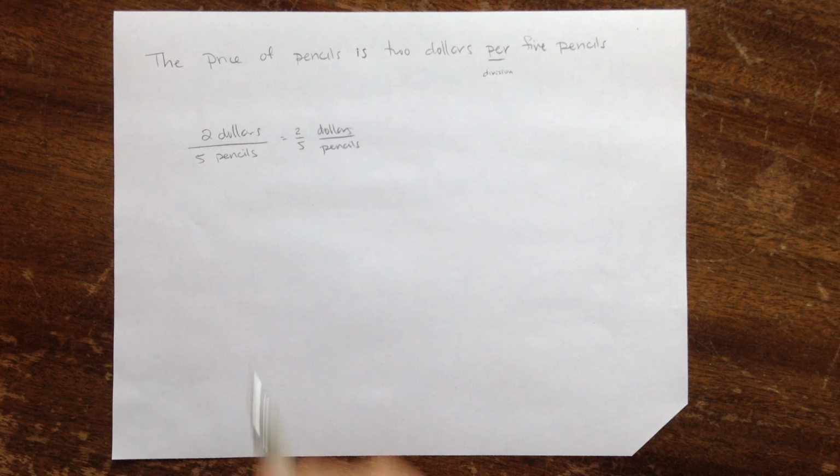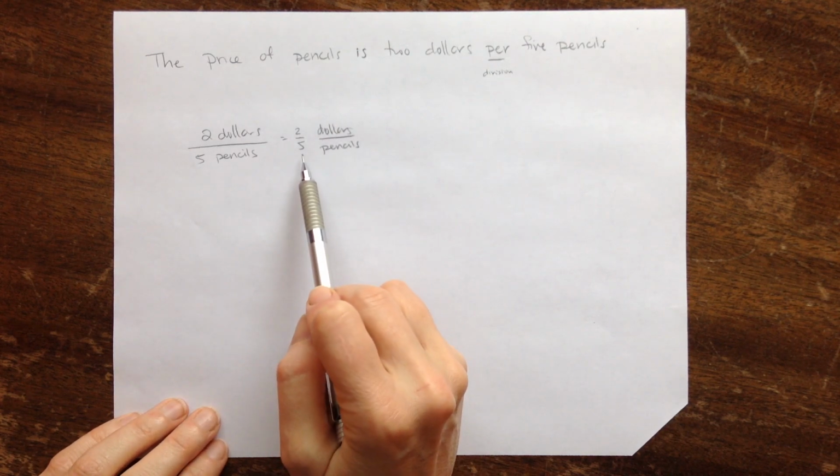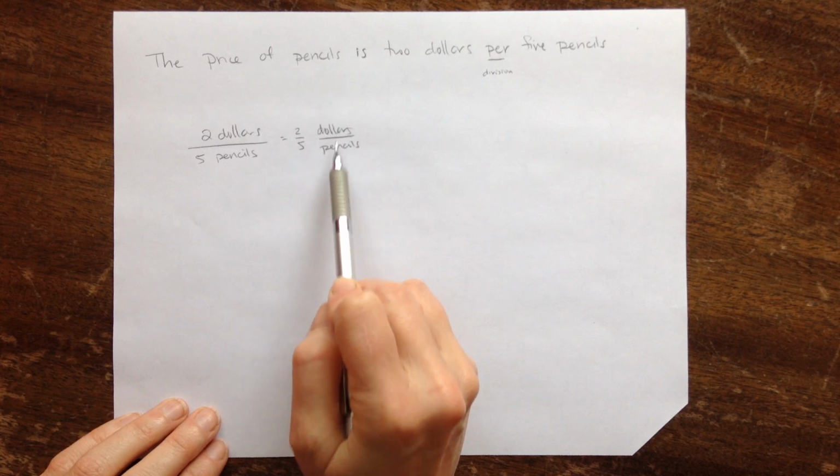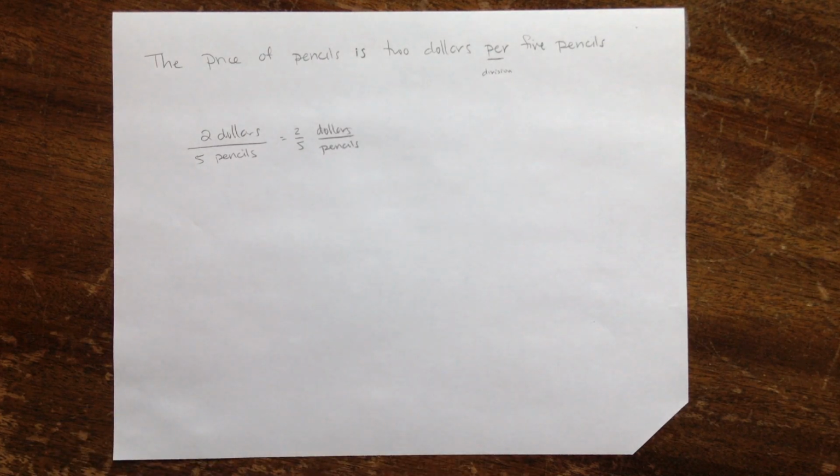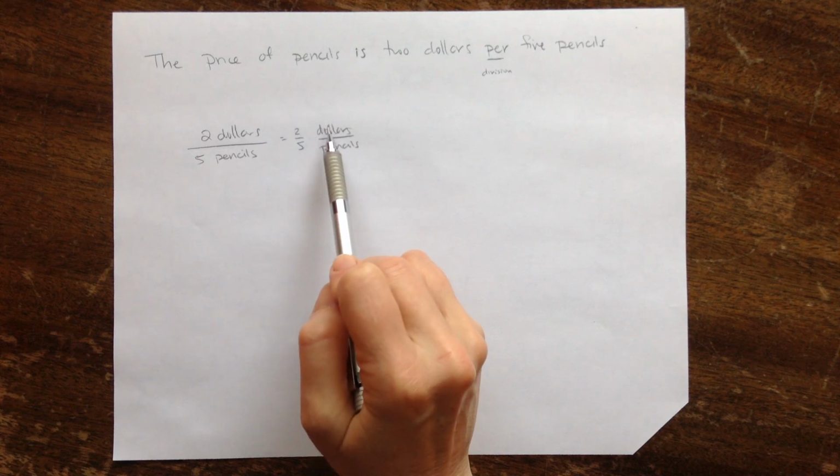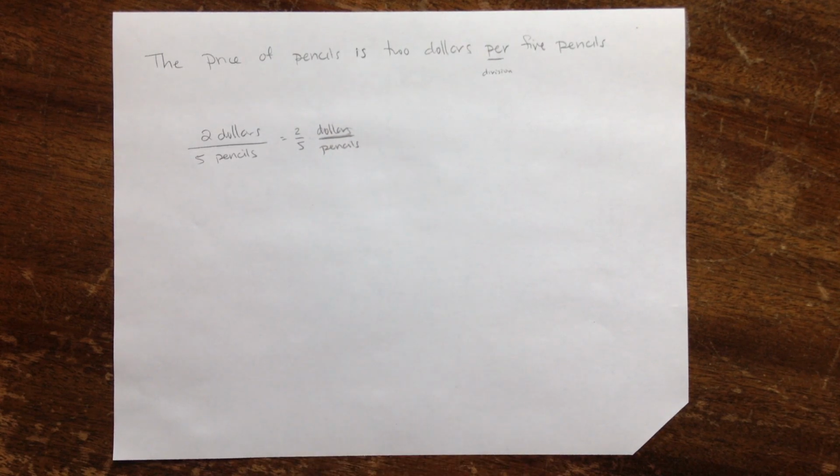So it costs 2/5 of, that would be the multiplication of a dollar per pencil. So you really have a multiplication of and the division per here. So this again, in terms of money, 2/5 of a dollar per pencil is not tremendously informative.